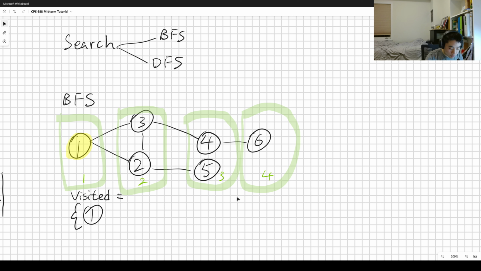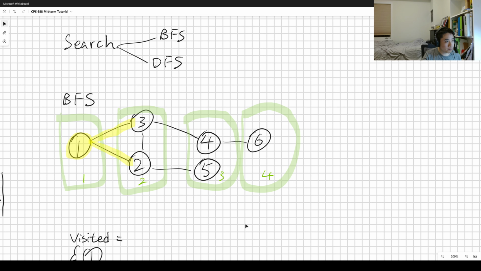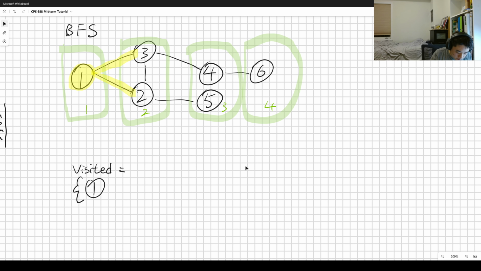I'm gonna start with number 1, and I'm going to then explore the nodes that one is connected to. One way you can do this, and I'm going to scroll down here, is you can use a queue to keep track of which node you want to process next.